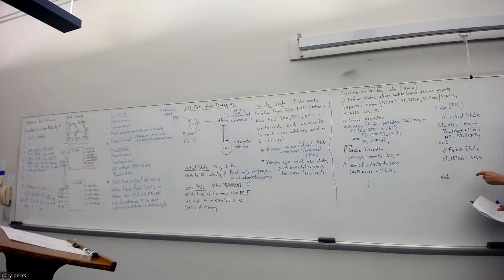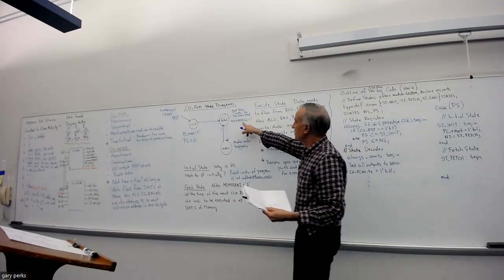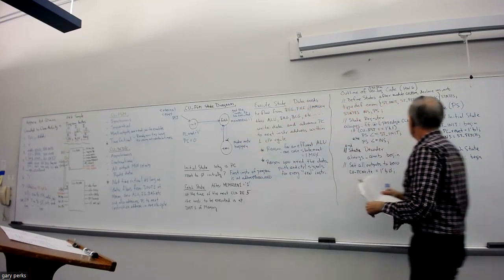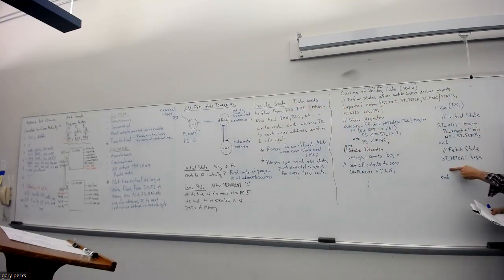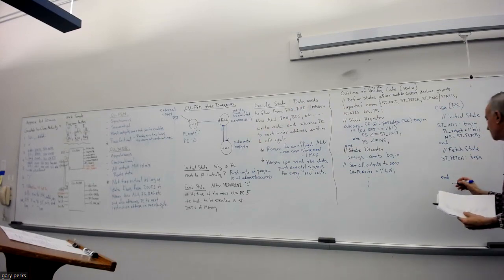Right now, I'm not going to write it, but just like here, you put what you want to happen in that state. So we want the memory enabled, and then you put what the next state is going to be, which is going from fetch to execute. So then you have your execute state.